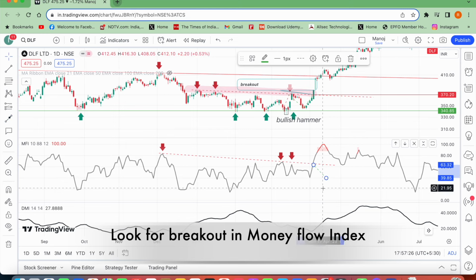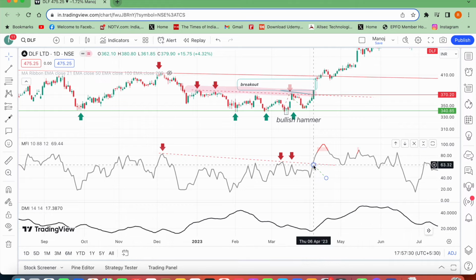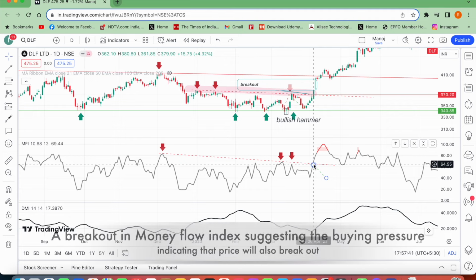The breakout in MFI came either on the same day or on the previous day of the breakout in the price. This is a confirmation for me to enter into this trend, that this is not a false breakout. This breakout is a true breakout.